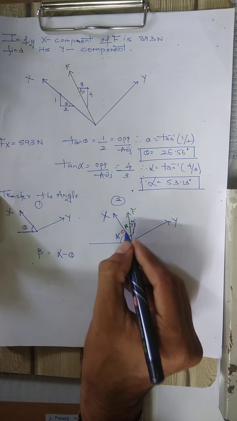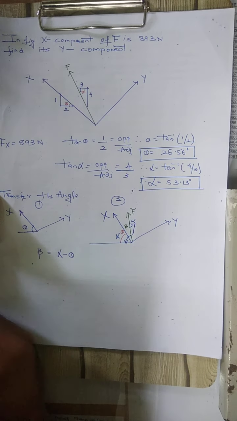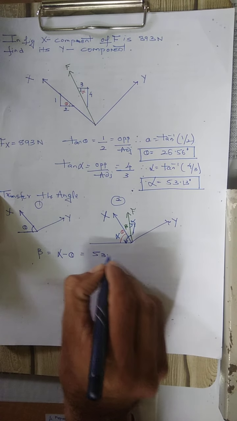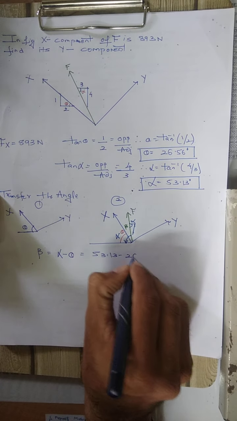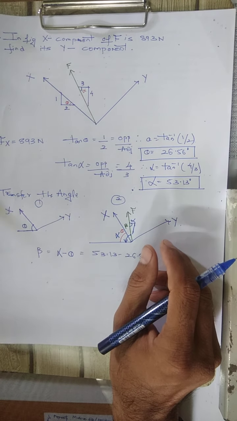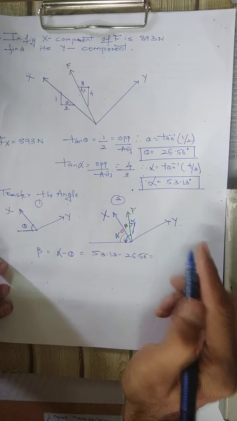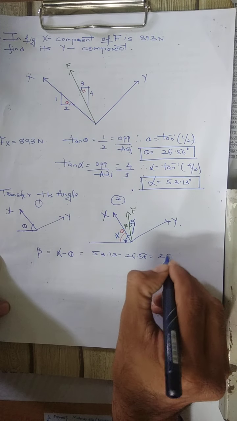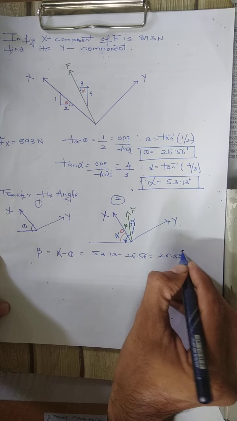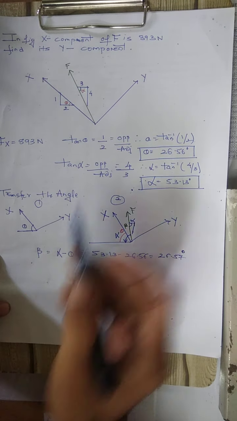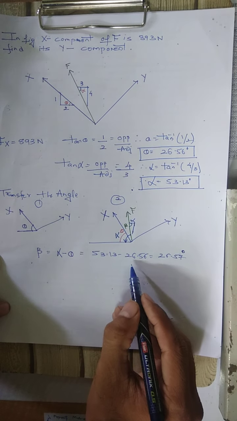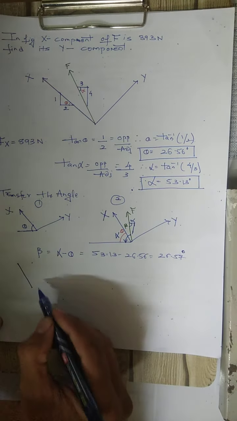So alpha is 53.13 degrees minus 26.56, and beta comes to be 26.57 degrees. In this way we have calculated the angle made by this force with the inclined x-axis.